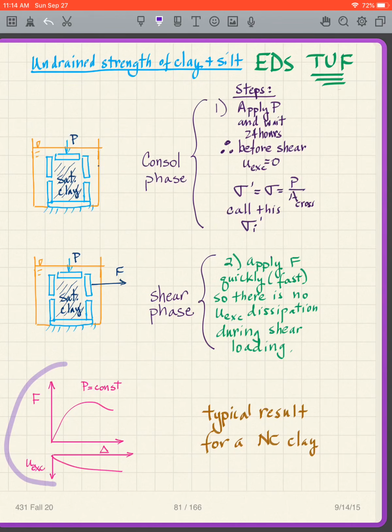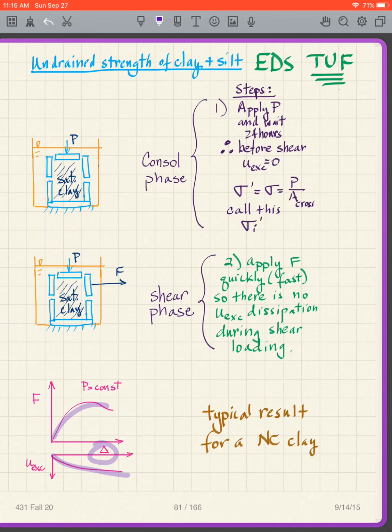And a typical result will look something like this. So in other words, we increase F again until we get failure. And what do we find? We find the excess pore pressure is generated due to this shearing. So these are both plotted.